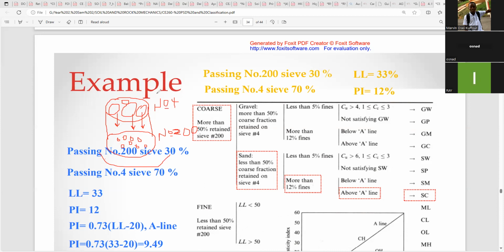And if 70% pass through the first sieve, it means that 100 minus 70 ended up being on sieve number 4. So this is going to give us what? 30%.